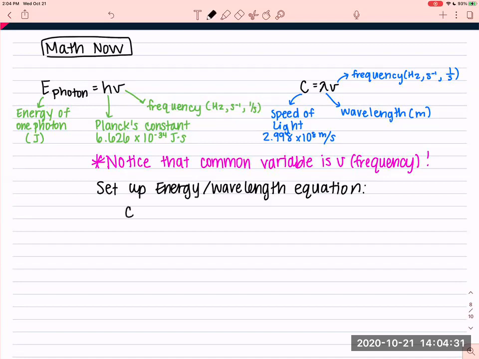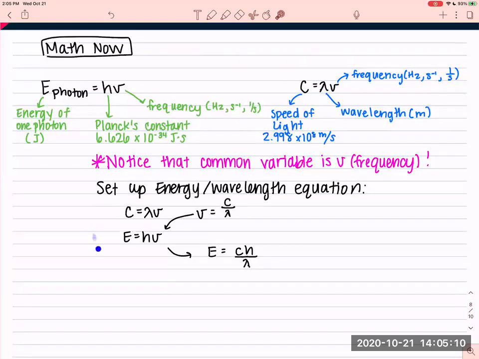So let's take c equals lambda nu and solve for nu. Nu is c over lambda, just by dividing by lambda on both sides to get nu isolated. Now let's plug this into nu here. If E is equal to h nu, let's plug our nu in. So then we get E is equal to ch over lambda.